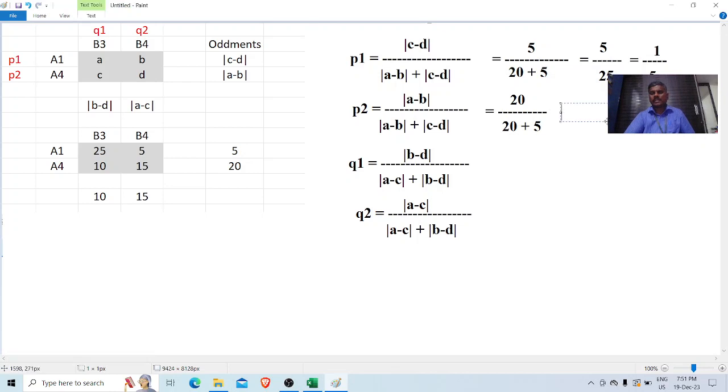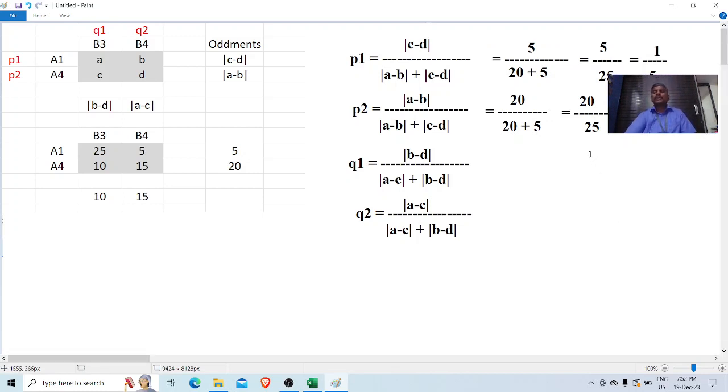Again, we can write this as 20 by 25. Simplifying this further, we'll have 4 by 5. 4 5s are 20, 5 5s are 25.